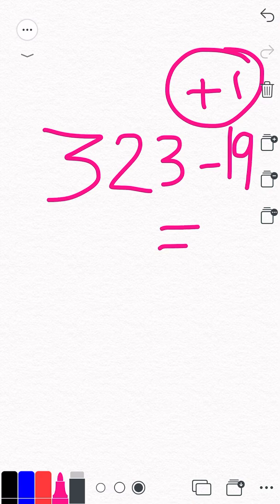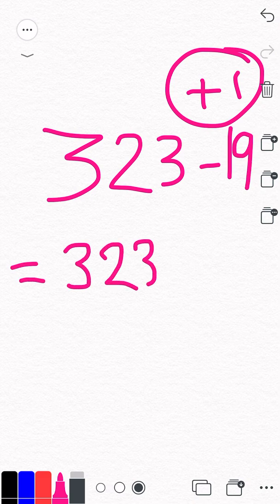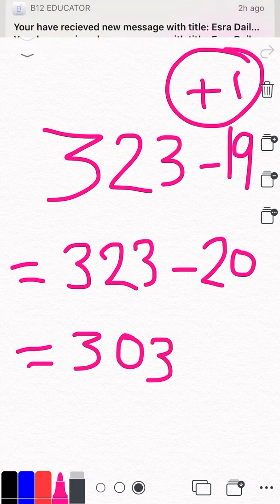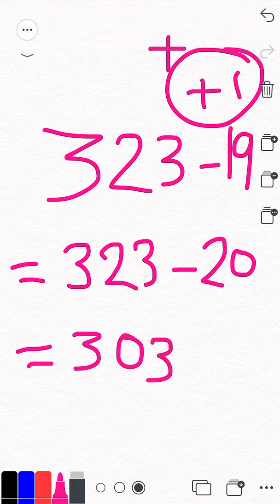So here, 323 minus 20, so much easier for us. Now that equals 303. Because we added in the beginning, we have to add to the answer. Now we added 1, we have to add 1.